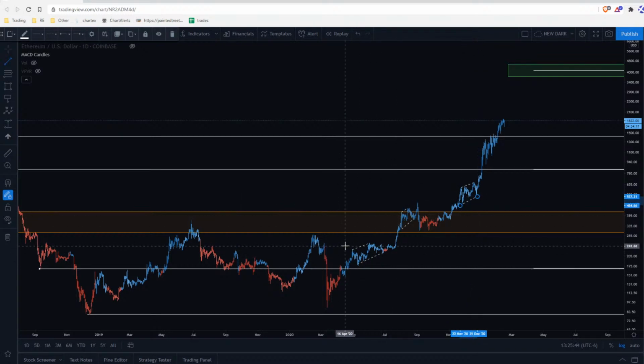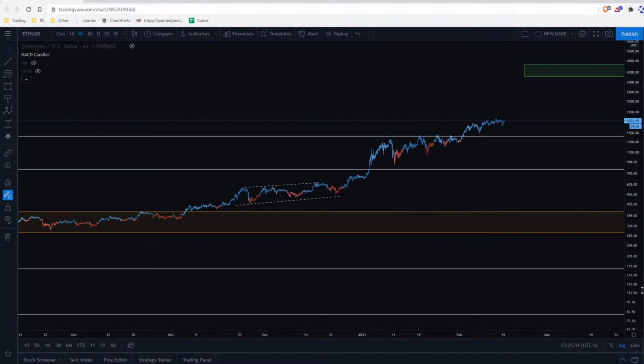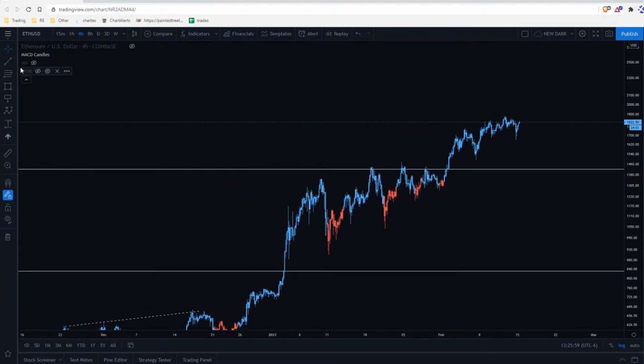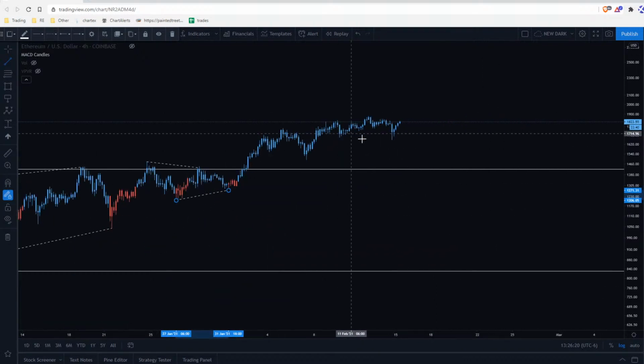These are all running flats, A, B, C, A, B, C, A, B, C. We have one on the lower time frame as well. Right here. Some kind of contracting flat here. And to be honest, I'm not sure what this is yet.